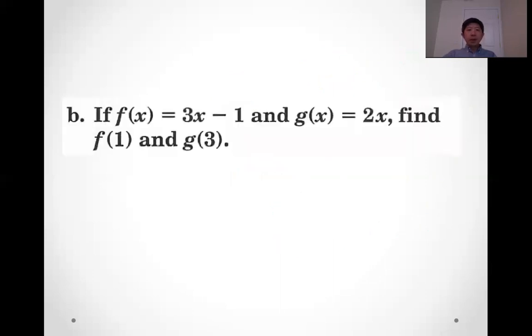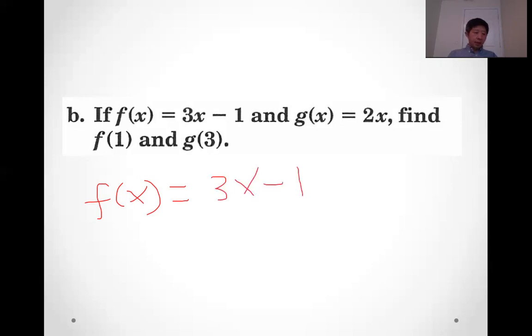Okay. Now here is a problem we can work on. f of x is equal to 3x minus 1, and g of x is equal to x. Find f of 1 and g of 3. So in here, f of x equals 3x minus 1.